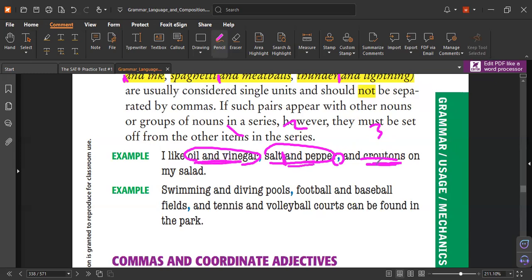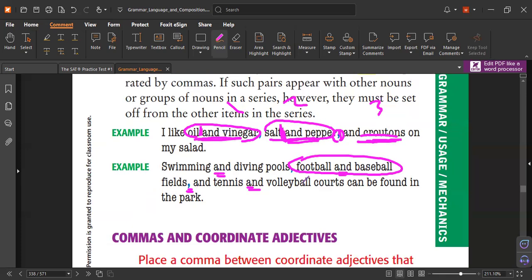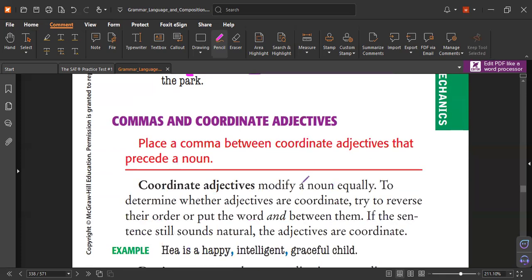But commas between the list, not between the two nouns. So no commas here or there. I need them here because this is the list. You catch it? Yeah. That comes in your test. That's why. So we need the same, "and" here and here. So the comma is correct. Nice. So your job is to check whether both of them are one noun or not. That is for the commas. And after seconds, I'm going to send you a link to complete the uses of commas. Give me seconds.